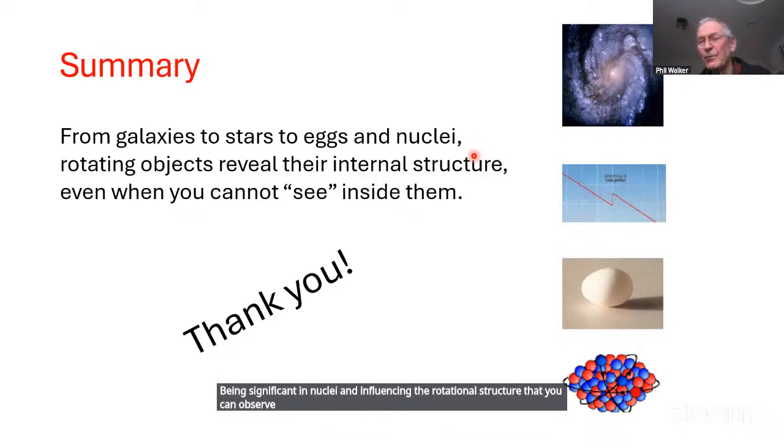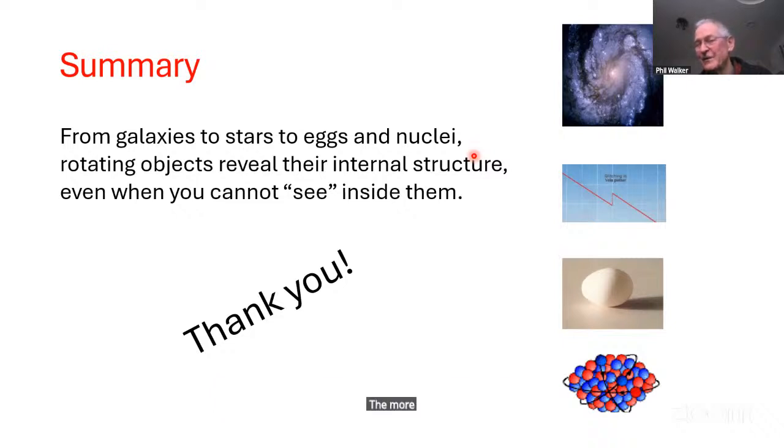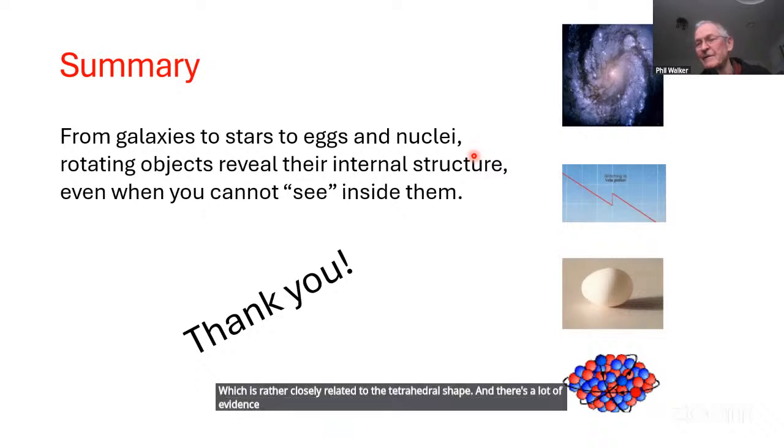The more well studied, and on a similar vein, is the octupole shape, which is rather closely related to the tetrahedral shape. And there's a lot of evidence for octupole behavior.